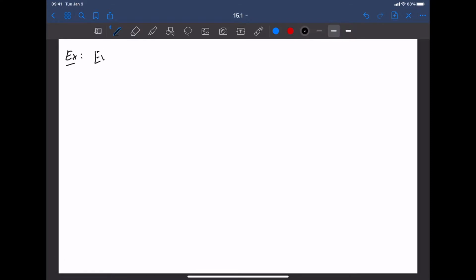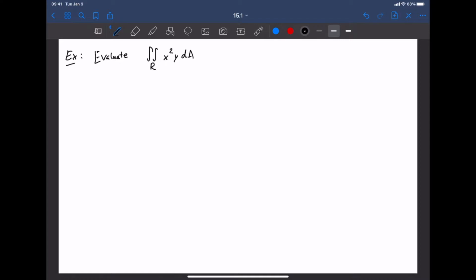Let's say evaluate this double integral over the rectangular region R, x squared y dA. Notice that that is a double integral because we haven't specified the order of integration. We haven't iterated it. We haven't written it as two integrals yet.